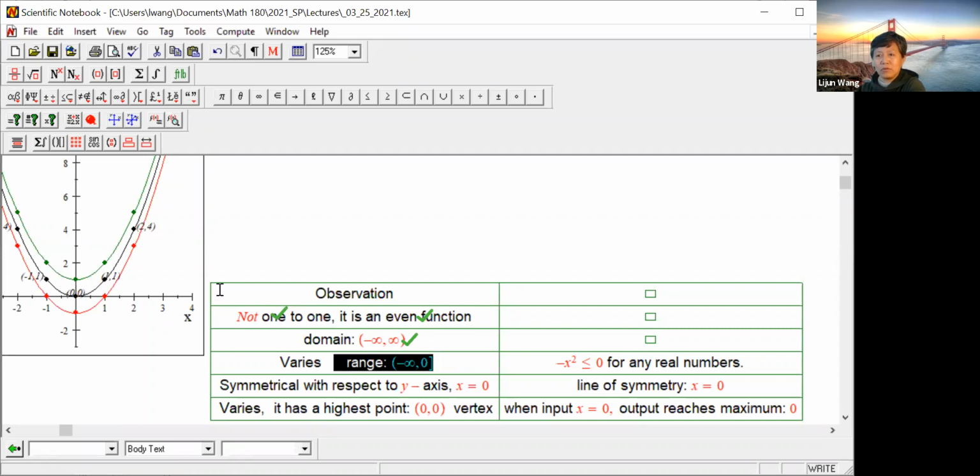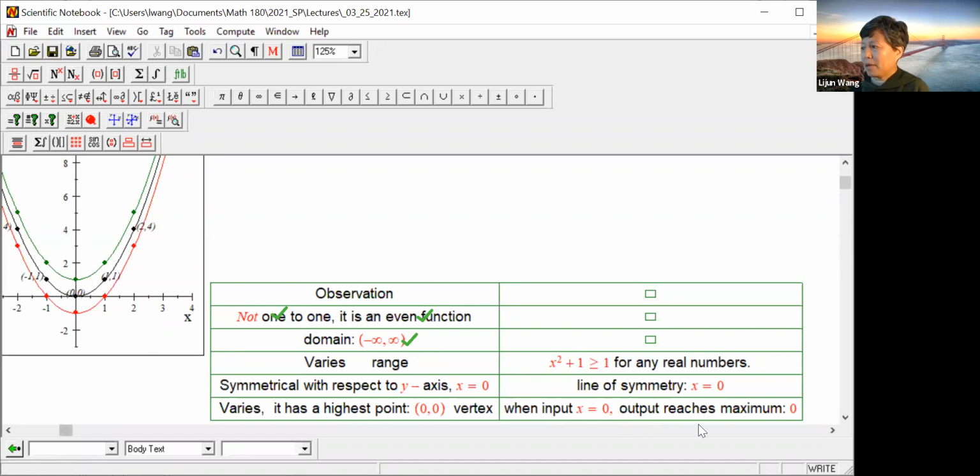For the green, the range is at least 1. The range varies, so I'm going to write it down here. X squared plus 1 is going to be at least 1.